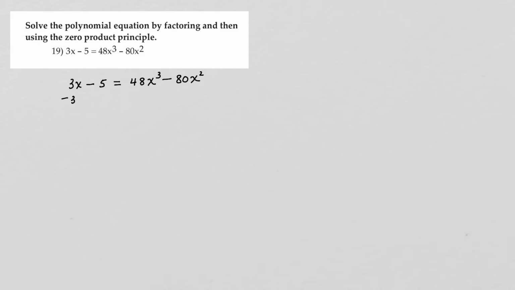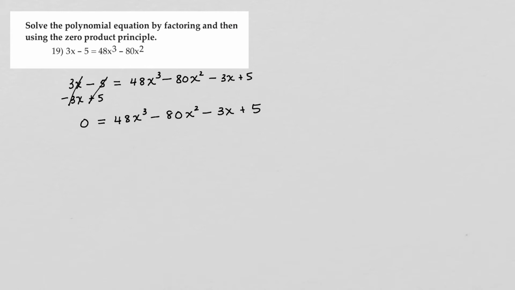So I'm going to subtract 3x from both sides, and that cancels. And I can add 5 to both sides, and that cancels. So on the left, I'm left with 0 equals 48x cubed minus 80x squared minus 3x plus 5.